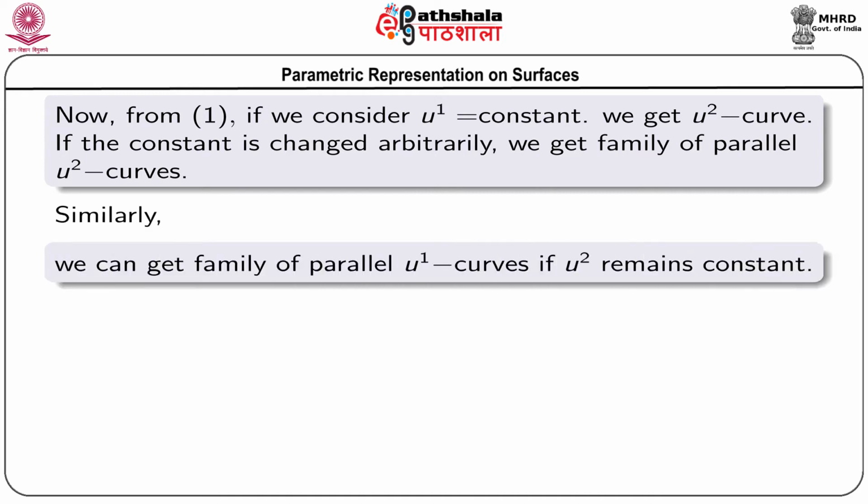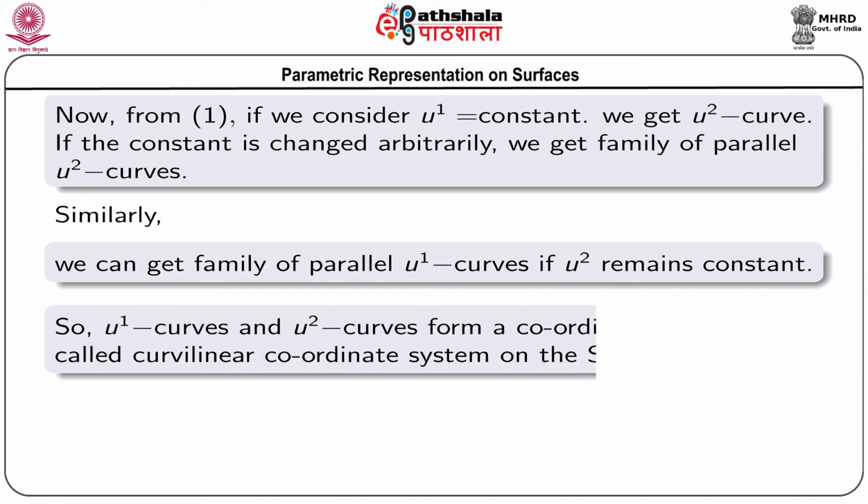Similarly, we can get a family of parallel u1 curves if u2 remains constant. So, these u1 curves and u2 curves form a net on the surface and they form a curvilinear coordinate system on the surface. So, anything we want to measure on the surface, we have to use this curvilinear coordinate system framed by u1 curves and u2 curves.